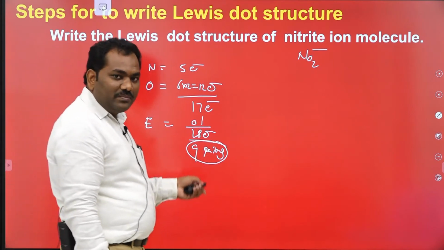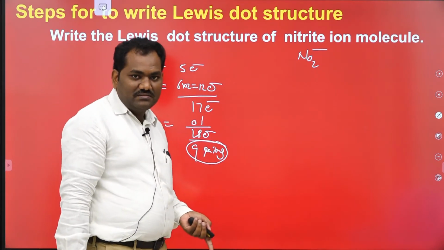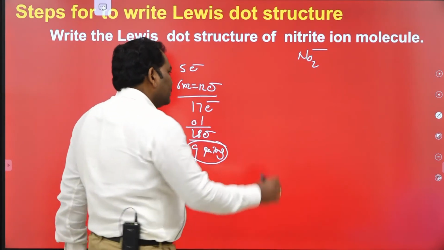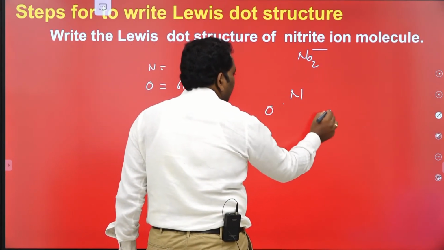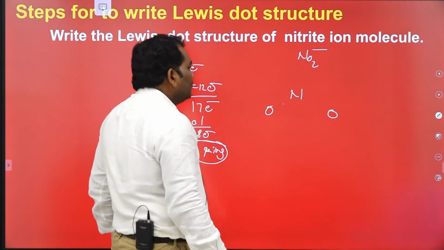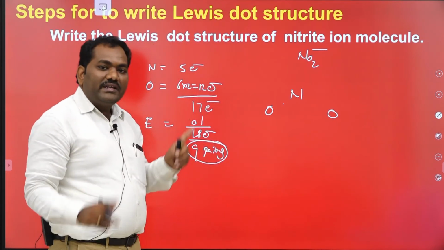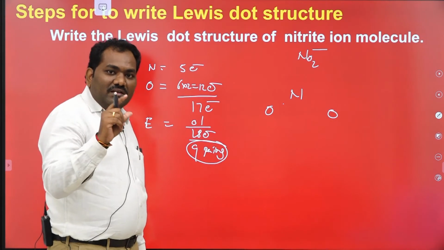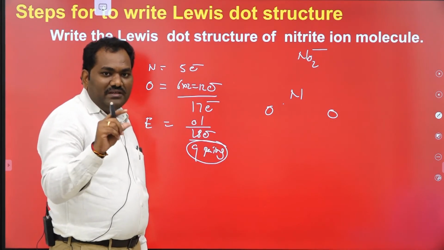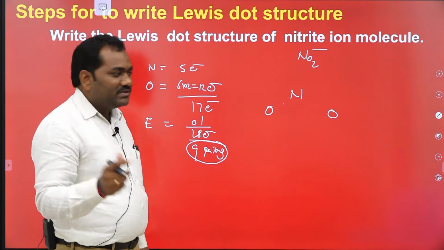The next step is to write the skeleton structure according to previous knowledge. So NO2 looks like this. Now the next step is to keep 1 bond pair of electrons between every 2 atoms, like this.